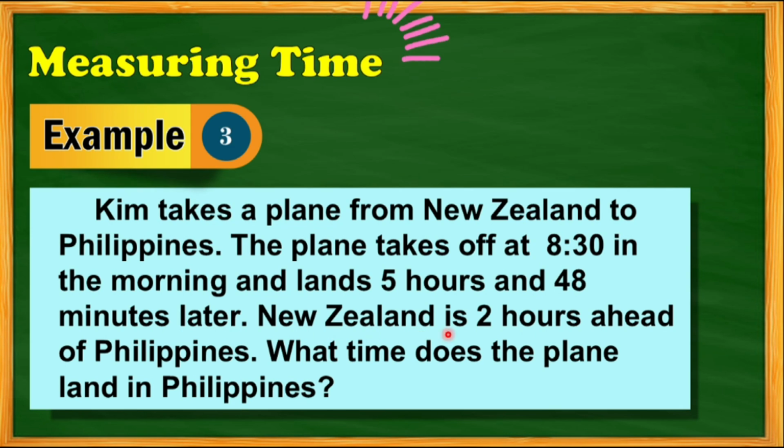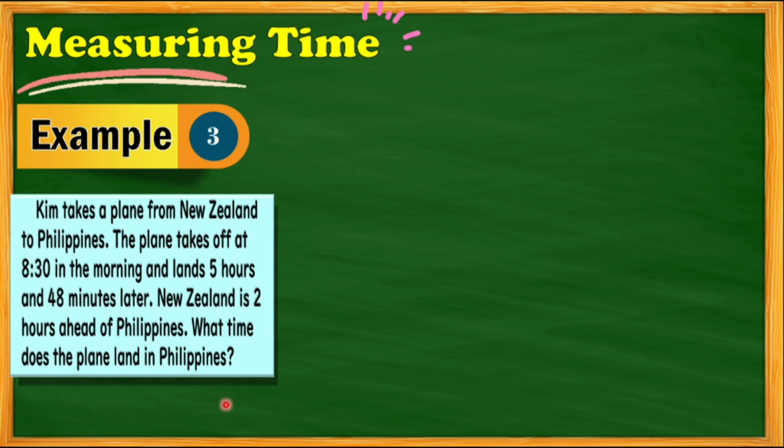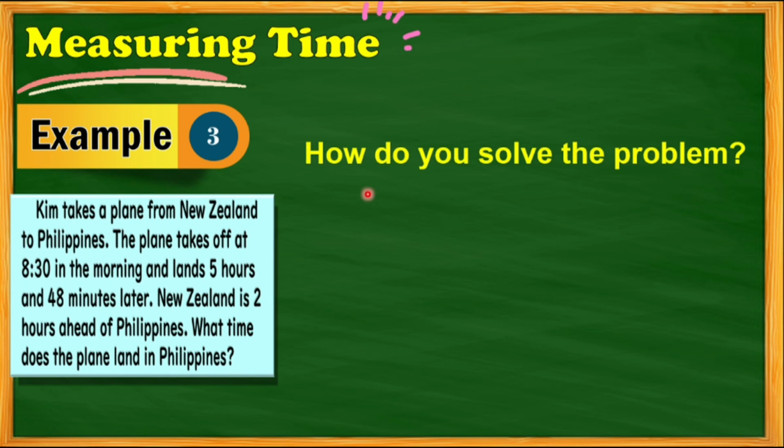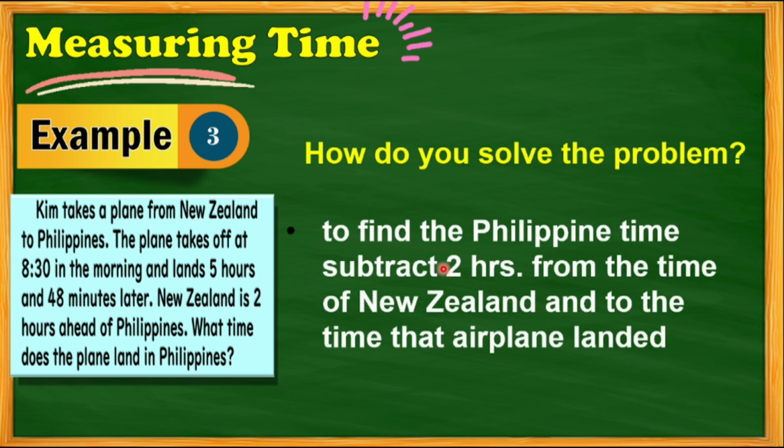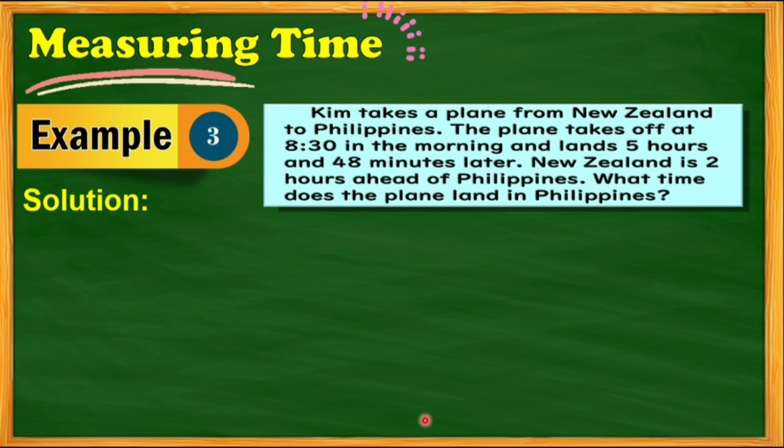New Zealand is 2 hours ahead of the Philippines. What time does the plane land in the Philippines? So this would be the problem. So how do you solve for the problem? To find the Philippine time, you need to subtract 2 hours from the time of New Zealand and the time the airplane landed. So, solution.